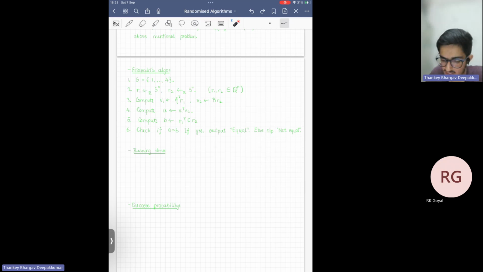But even before that, what is the cost of computing V1 and V2? While computing V1, we are multiplying two matrices only. We are multiplying the A matrix with a vector.